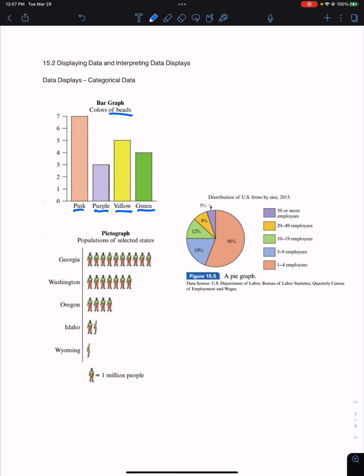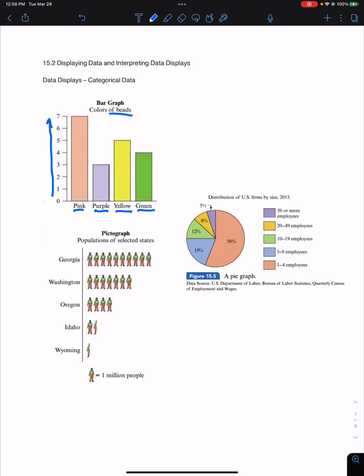And then over on the vertical axis here, we can see different numbers of beads, and each hash mark represents one bead. So we can represent the height of our bar to show the number of that particular color of beads.